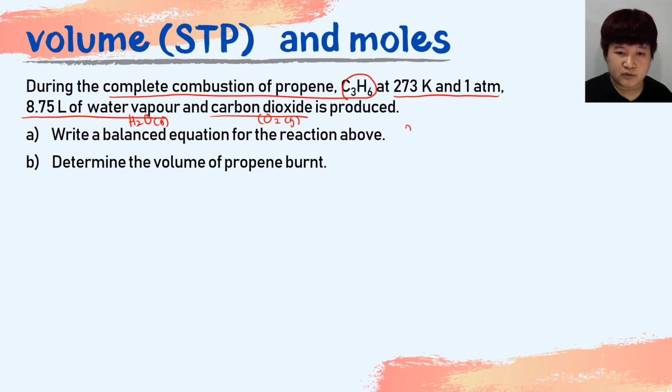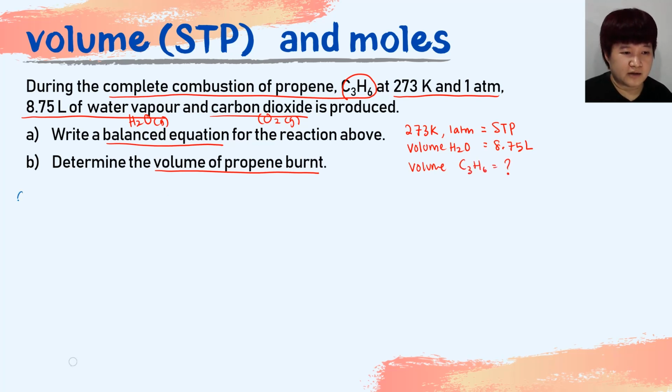And right now we know that 273 Kelvin and also 1 atm is actually standard temperature pressure. And the question saying that volume of H2O given is 8.75 liter. And the question is asking for the balance equation, and also the volume of propene burned. So we are looking for volume of the propene is how much.